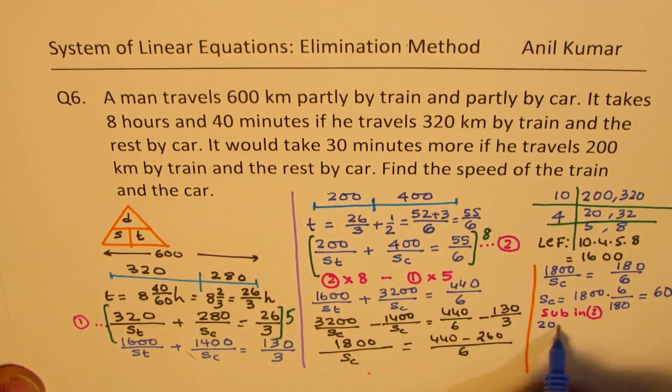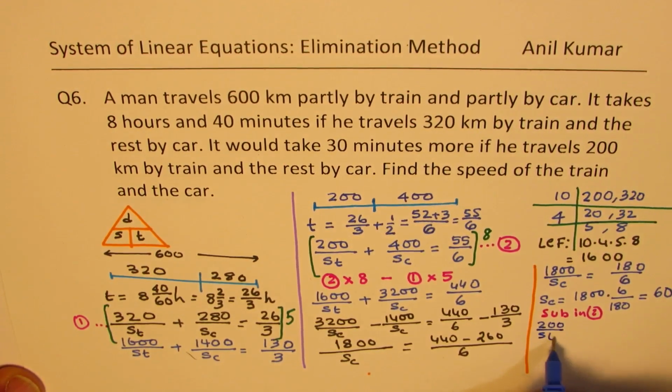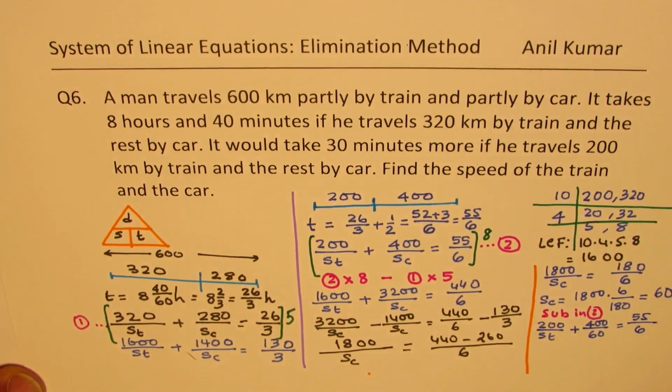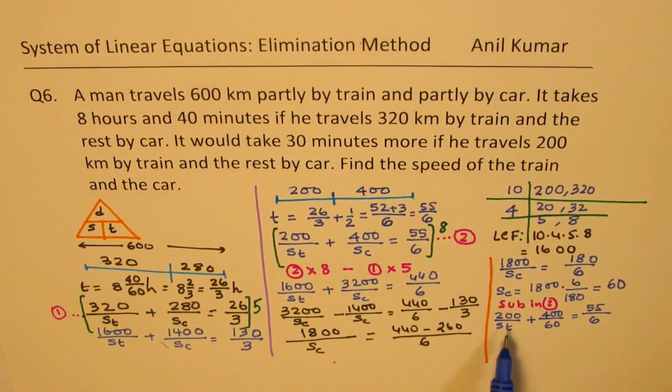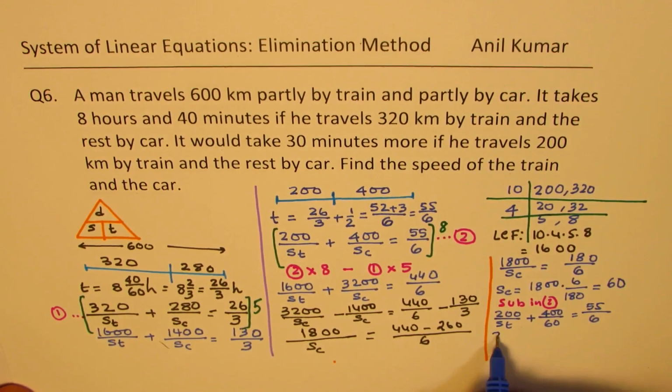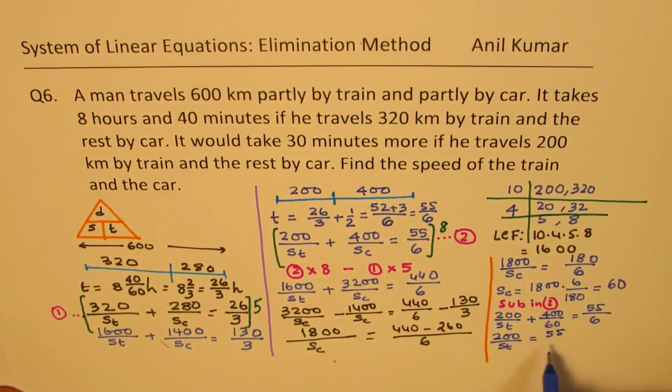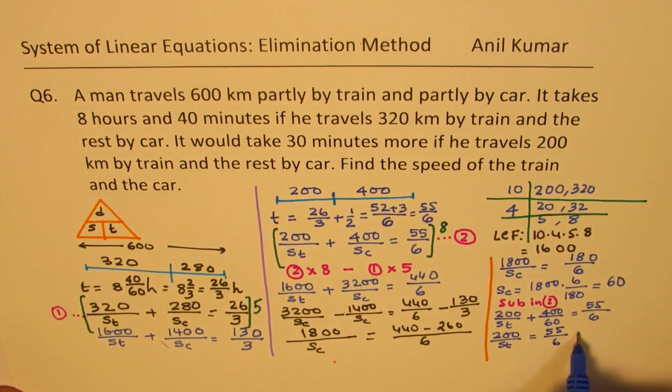We get 200 over speed of train plus 400 over 60 equals 55 over 6. Clear? Now, let us try to simplify this. So what we have here is 200 divided by the speed of train is equal to 55 over 6 minus 400 over 60, right?